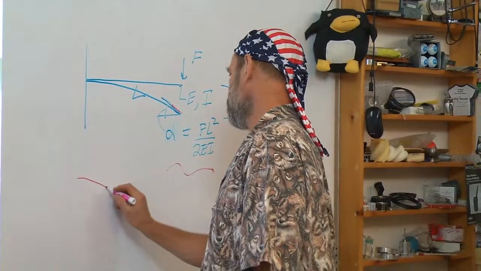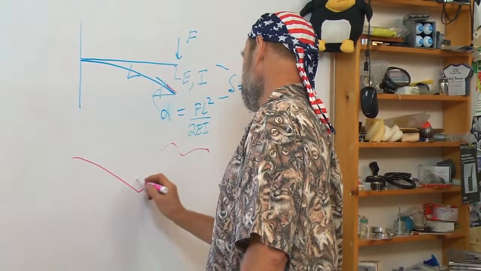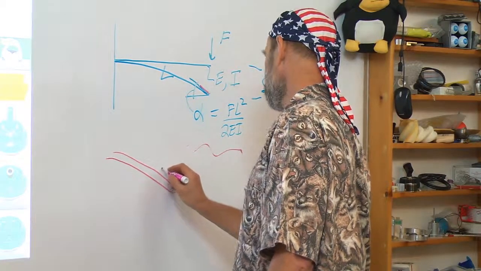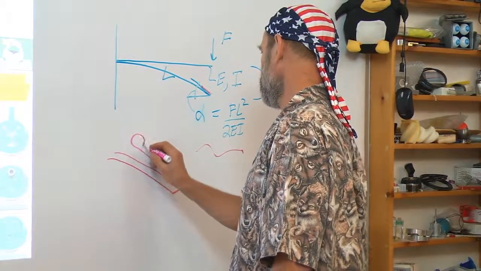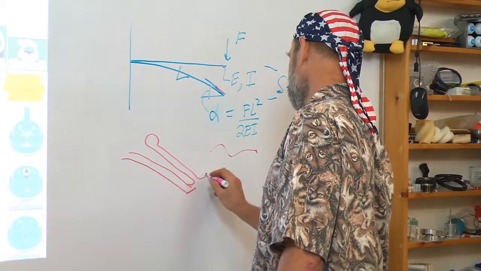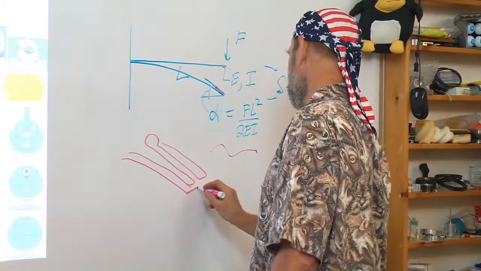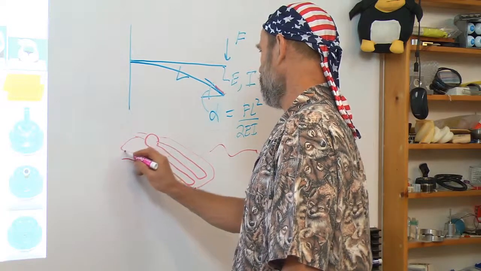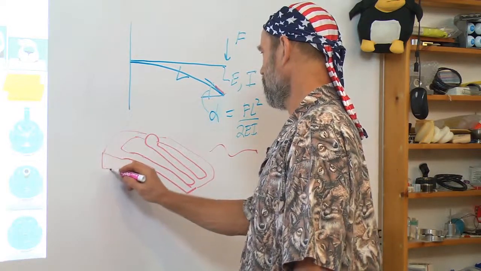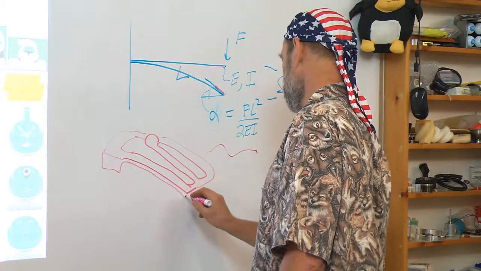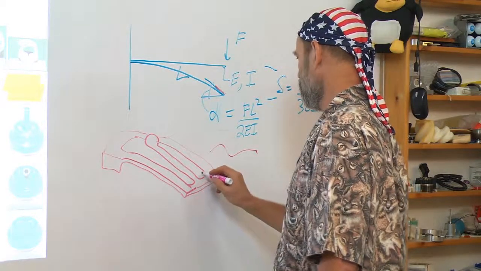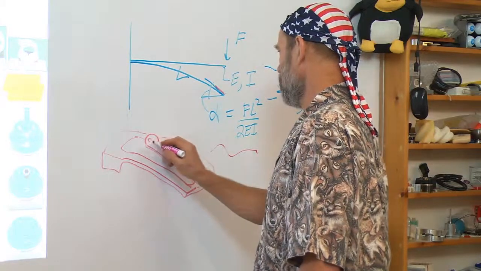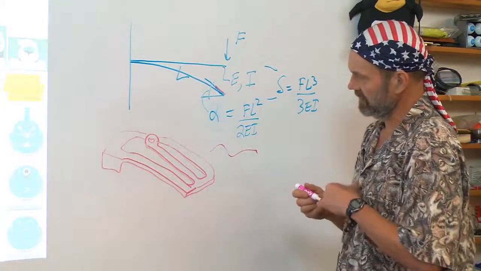In other words, here I'll draw this in 3 dimensions. Like that. Okay, so here's our lens element back here.